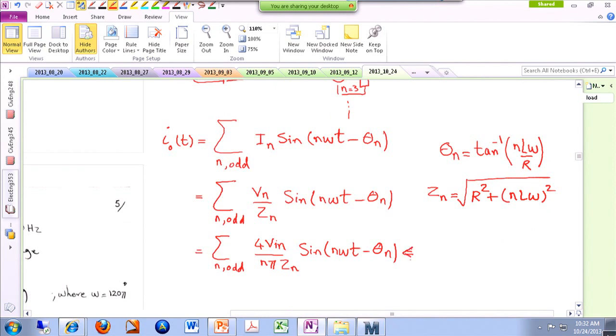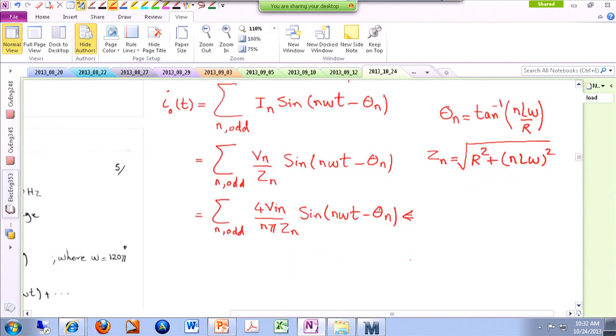So another way of finding, for instance, the RMS value of this current would be looking at, for instance, I RMS is, remember, it would be something like this. For instance, I1 RMS squared. There is no I2.